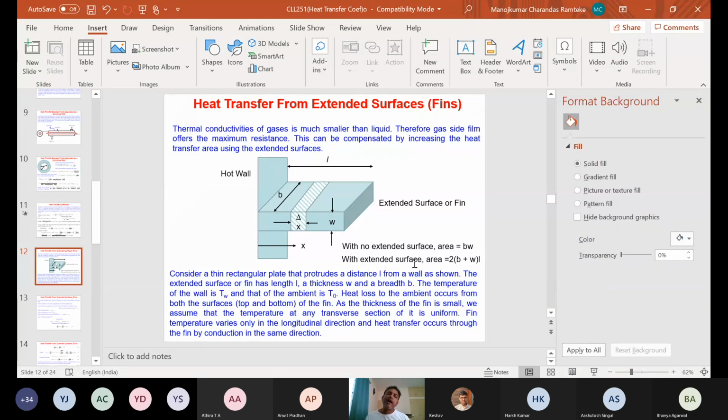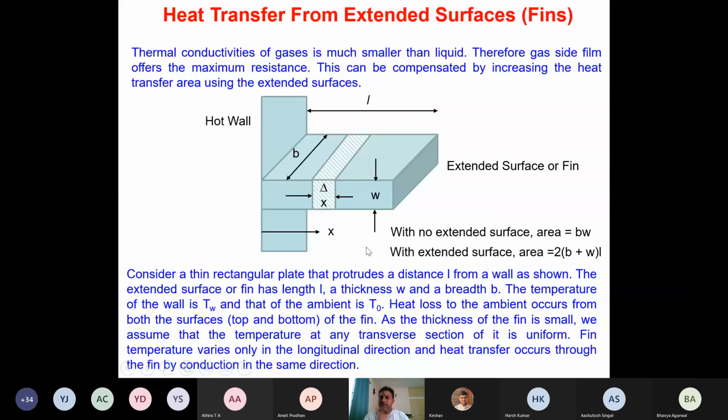Clearly, the area available for heat transfer is going to be much higher compared to if you don't have the extended surfaces, isn't it? So clearly that is going to increase my rate of heat transfer. Is it clear to everyone?